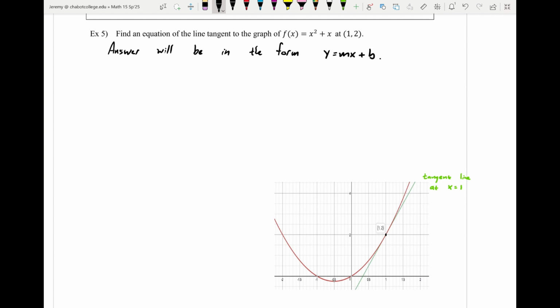I write this just to make clear to myself what I'm really looking for here. I want the equation of a line. What do I need in order to determine the equation of this line? There are two main values that we want to solve for. We want to find the slope, m, and then we want to find the y-intercept, b.